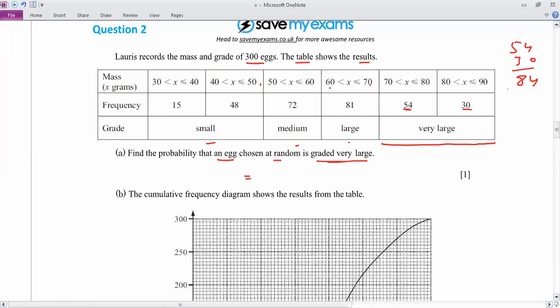Probability we take the number chosen. It means we are choosing from the very large group. From the very large, the total frequency is 84. Chosen divided by total. The total is 300 because this whole group is 300. So you can simplify or just leave it as it is. This will be the probability.